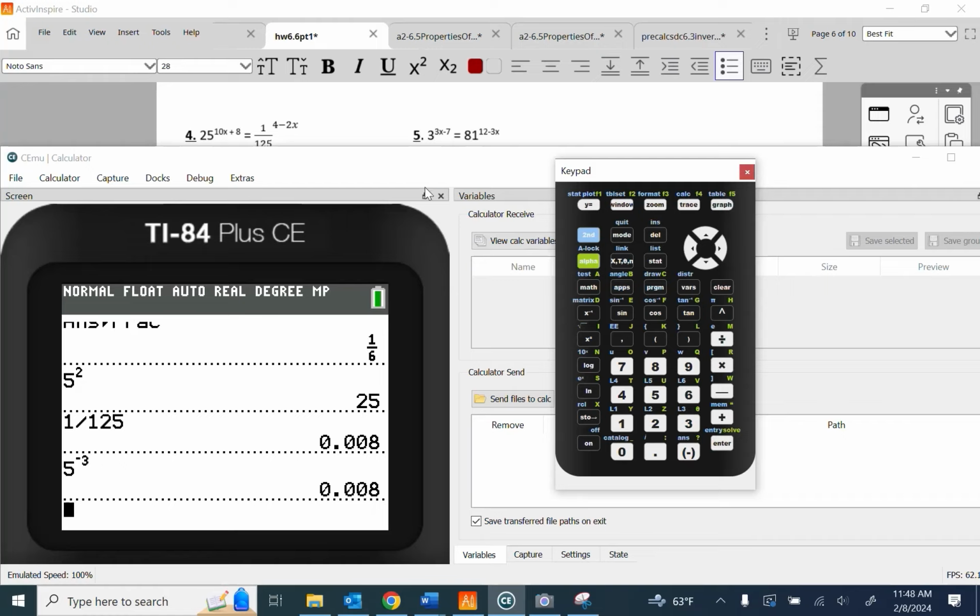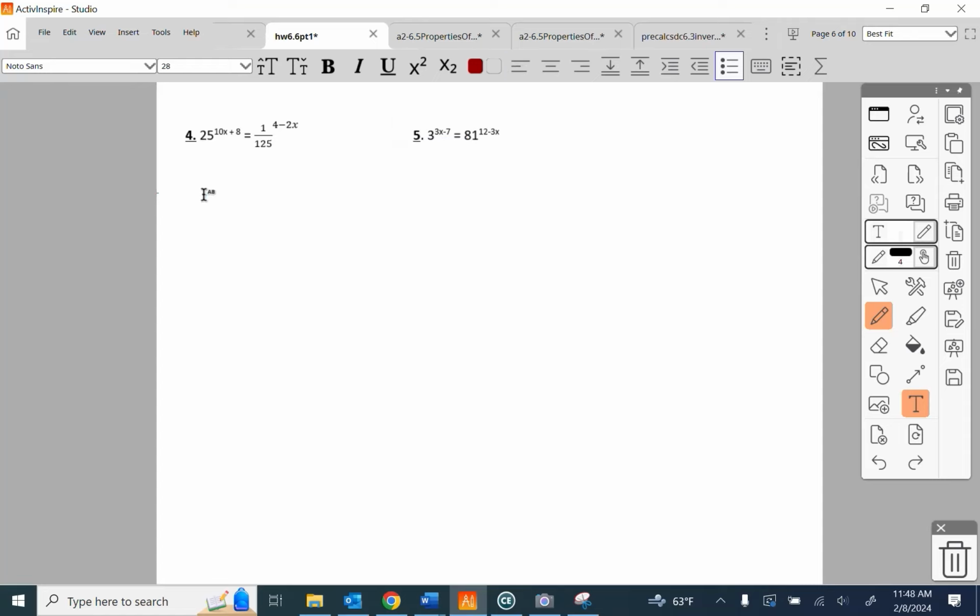So that's how I'm doing the rewrite process here. 25 becomes 5 to the second. There's already a 10x plus 8 there, so notice I'm just writing it back down and wrapping it in a set of parentheses. 2 or more things we wrap. 1 over 125 is going to be the negative third power. And there's already a 4 minus 2x up there.